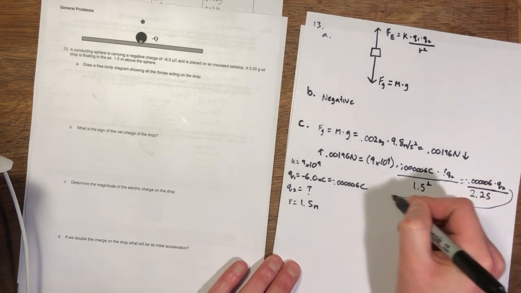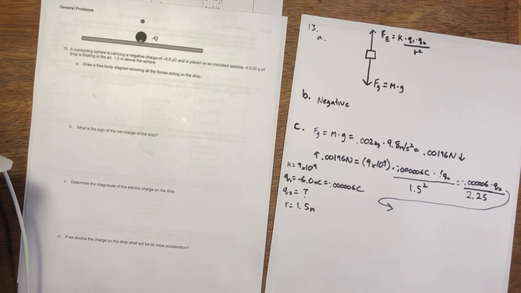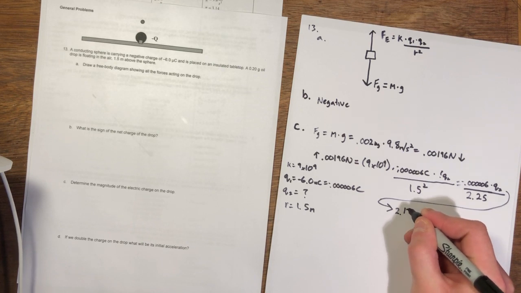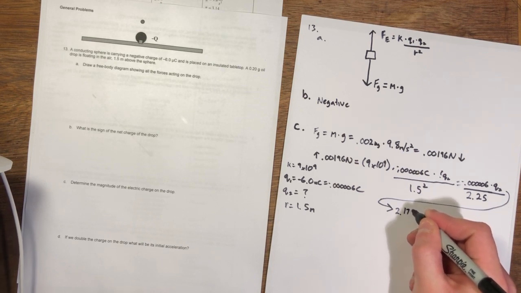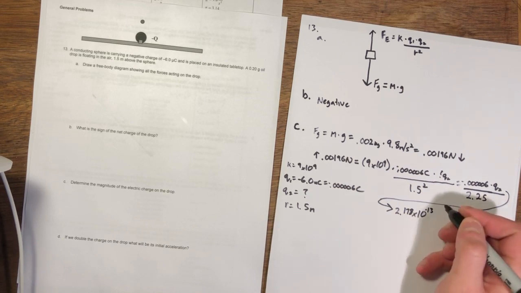And down here, I'm going to divide this to that. So we're going to get 0.00196 divided by, I'll do 2.78 as a round, times 10 to the negative 13th.